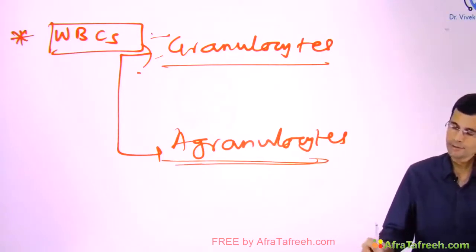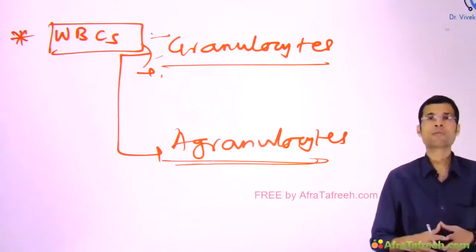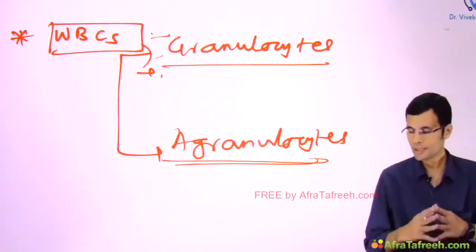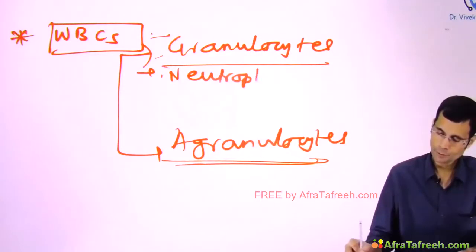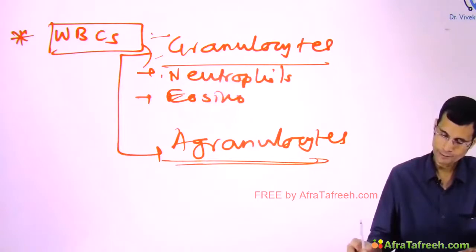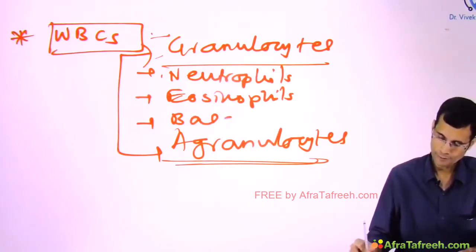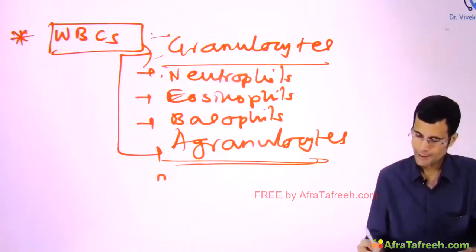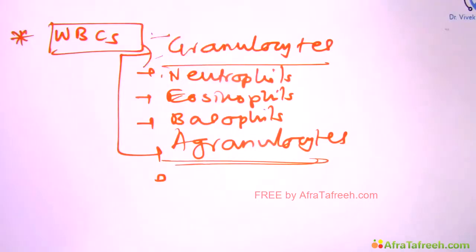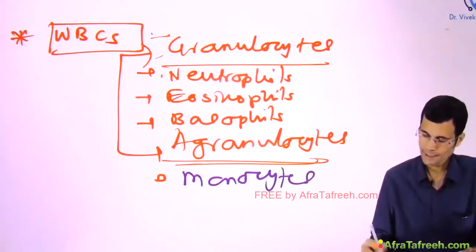The granulocytes have granules, and depending on what type of stain those granules take up, there are 3 types: the neutrophils, eosinophils, basophils. Agranulocytes: monocytes and lymphocytes.